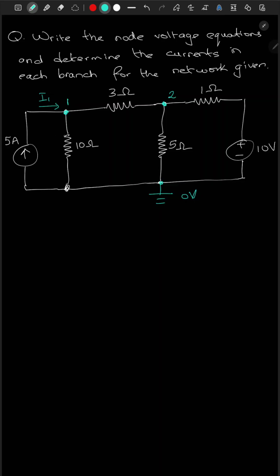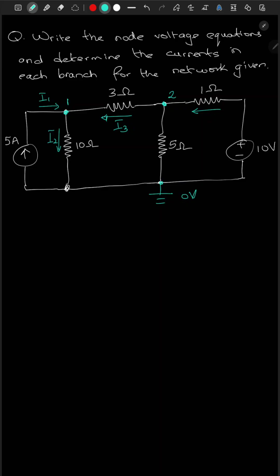So let's call this one I2 flowing toward the reference node, and this is I3. So here is node 2. So the current will flow into node 2 from the voltage source.